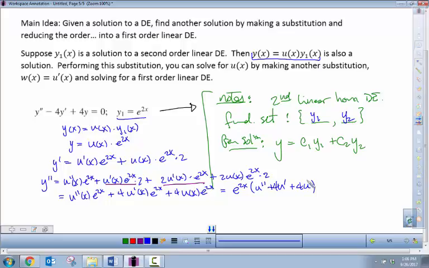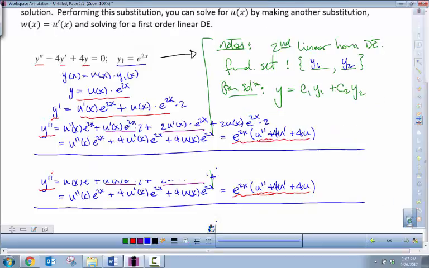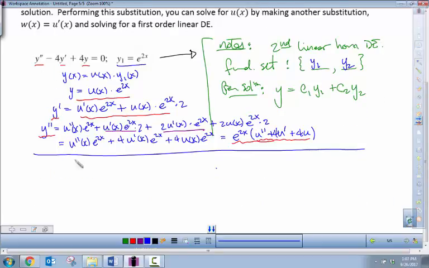Okay. So now I will take this information here. This is my y double prime, and this is my y prime over here. I'll simplify that a little bit. And this is my original y. So I want to put all that into this differential equation and see what I can get. So what do we have? y double prime first.